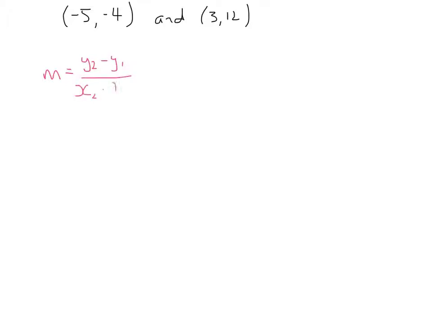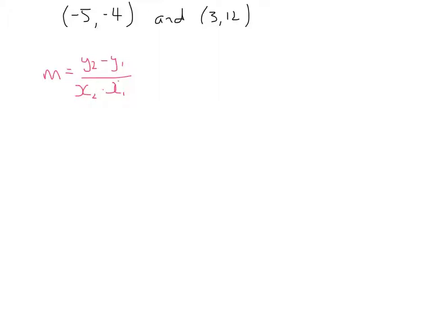Next question it's asking us to find the equation of a straight line which passes through 2 points. The 2 points are -5 and -4 and 3 and 12. Now first thing we'll need to do with this is to find the gradient. So m equals y2 take y1 over x2 take x1.